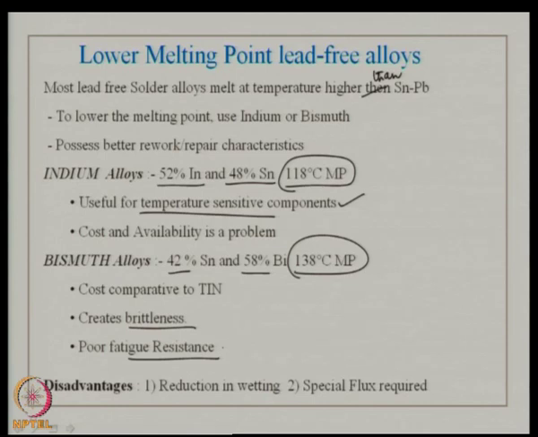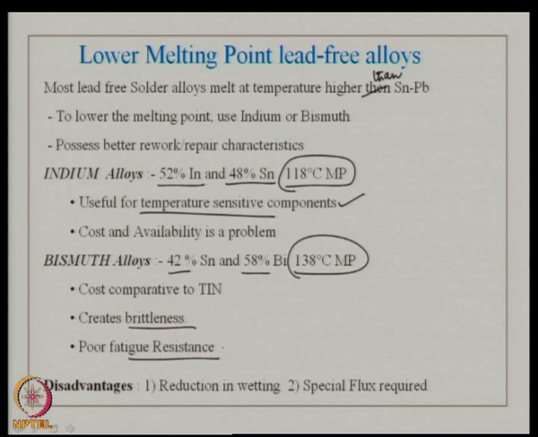So, there are advantages in using lead free alloys like the lowering of the melting point, but at the same time, if you look at the bottom line, you have problems in terms of reliability, wetting, fatigue resistance and so on. Obviously, there have been some applications where these are used, but they are more special in nature.